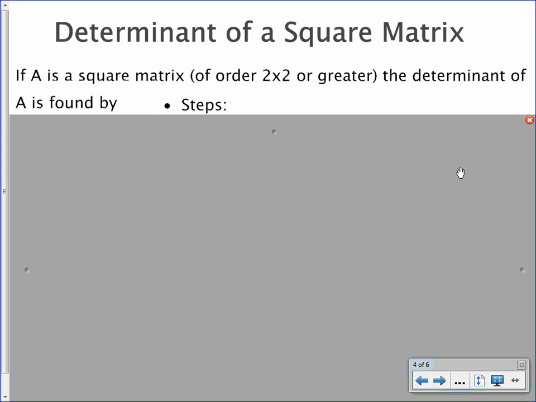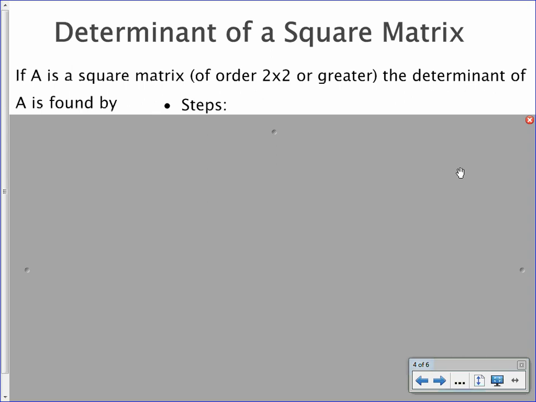We're going to go through the steps and kind of write it out all at once. Now, I want to warn you, your book is going to talk about a few different methods. We're not going to worry about the methods that they talk about. There's a cofactors method. I don't really want to worry about that. I just want to do it this way.